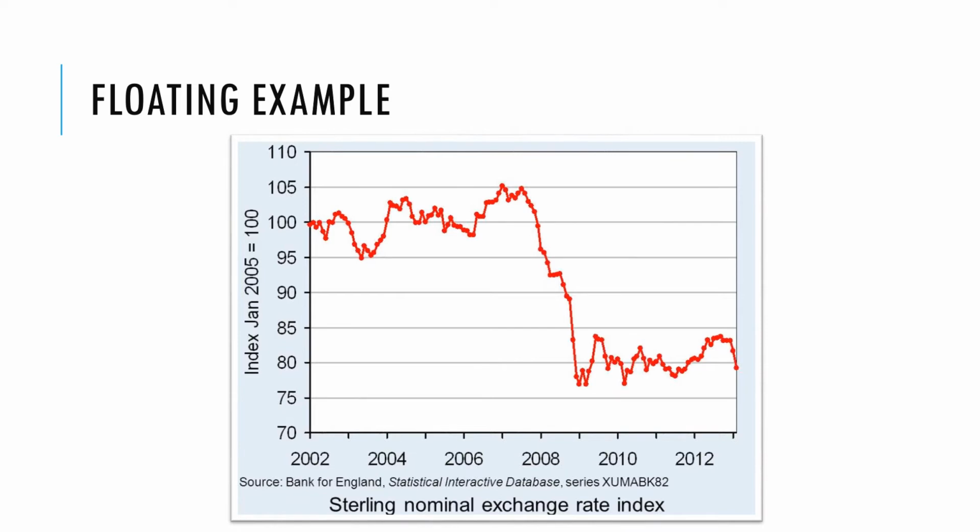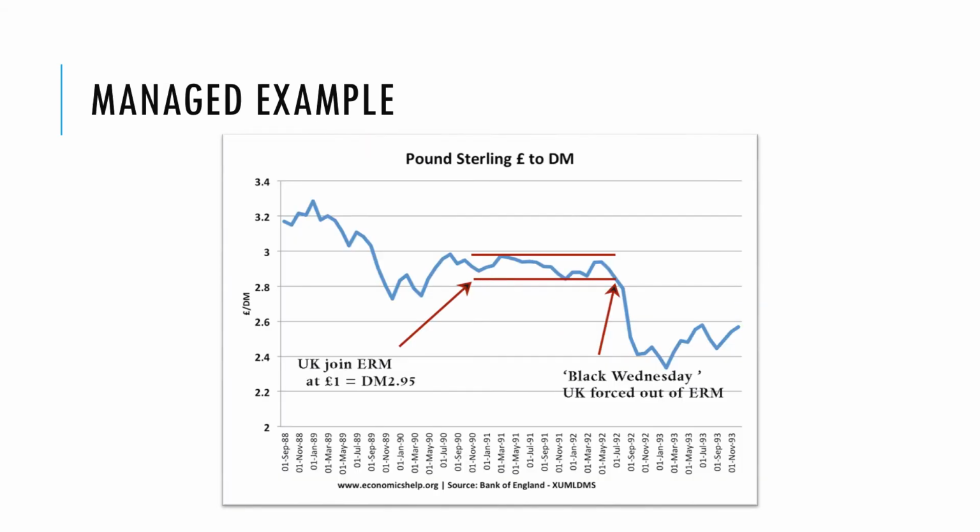First of all, an example of a floating exchange rate might be the pound. The UK government and state don't actively influence the rate of the pound, and so we can see here a fairly random walk that the pound has taken over this time period. Having said that, in the past the pound has at one point been a managed currency.